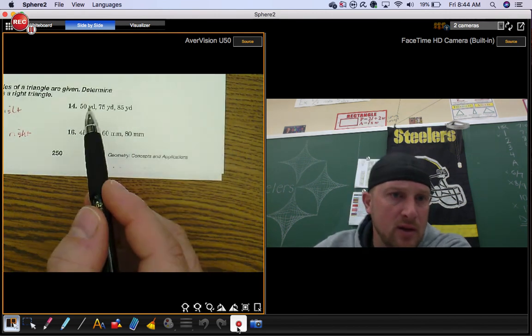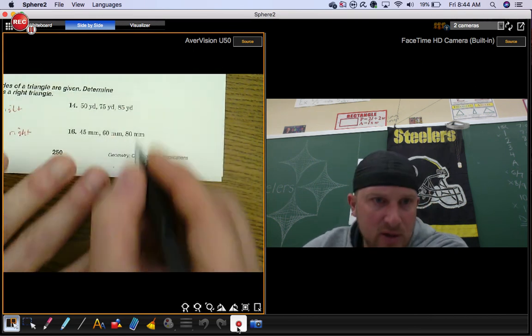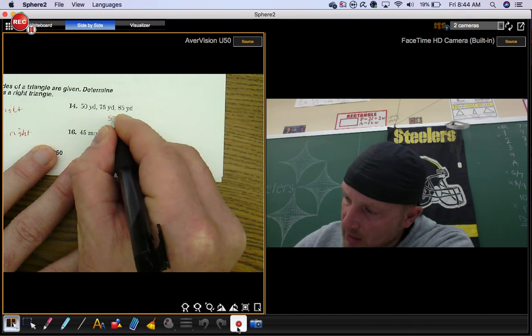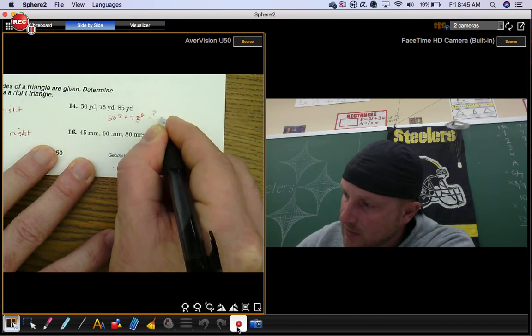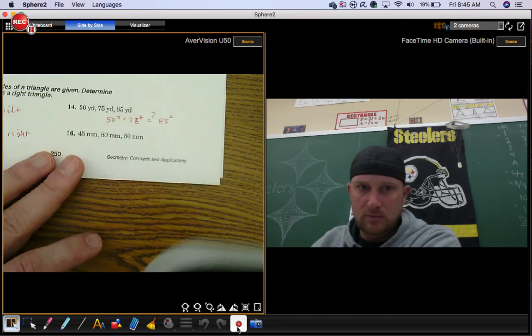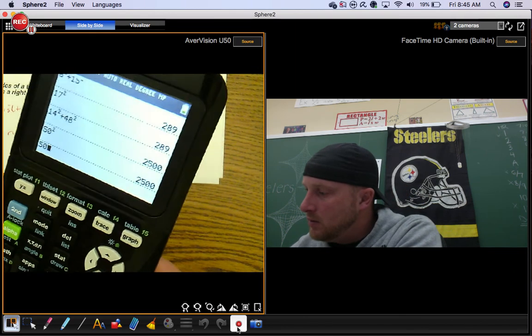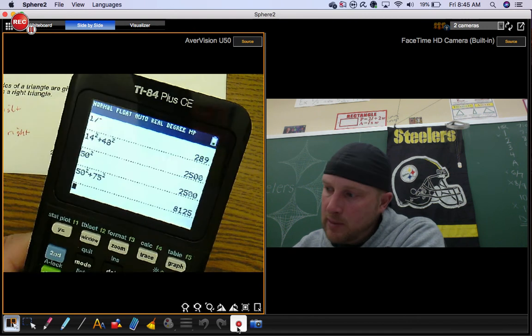Number 14, 50, 75, 85. That doesn't really sound familiar to me. I'm going to check what 50 squared plus 75 squared is, and I want to see if that equals 85 squared. 50 squared plus 75 squared gives you a big number.